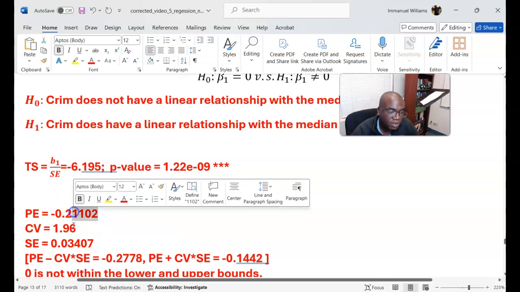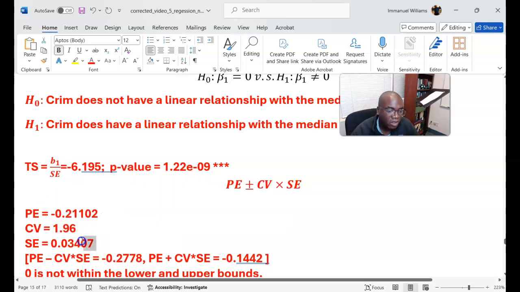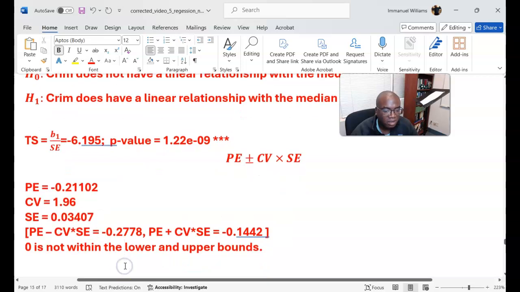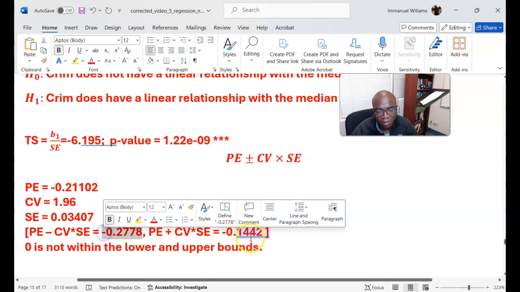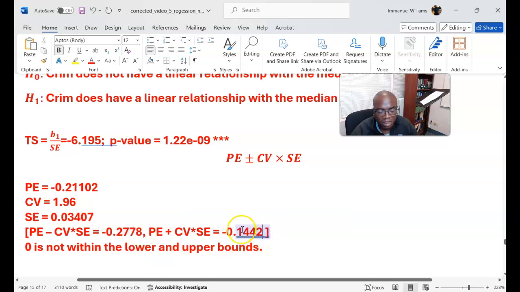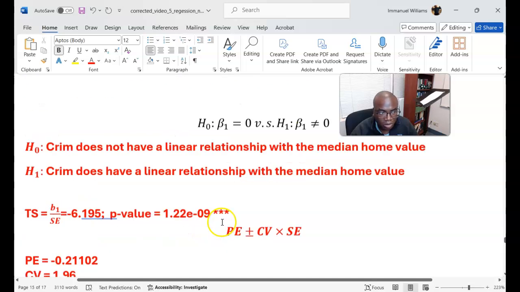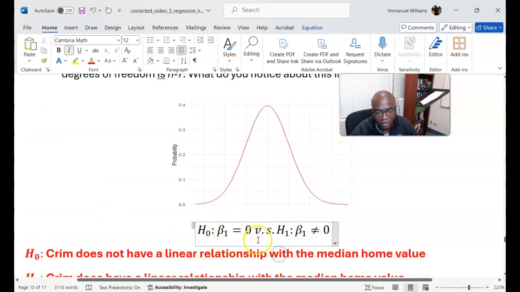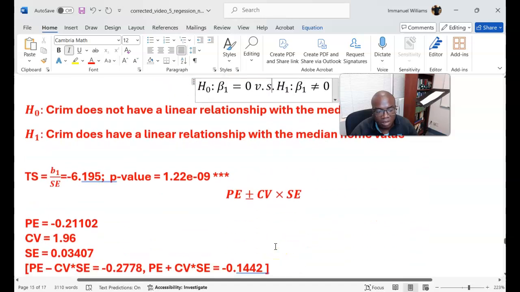So it's my point estimate, my critical value, my standard error. And so you can see both of these, lower bound and upper bound, do not include 0. They're both negative. Okay, and that should make sense based off of what we noticed about when we reject the claim that beta 1 is equal to 0. Okay. All right.